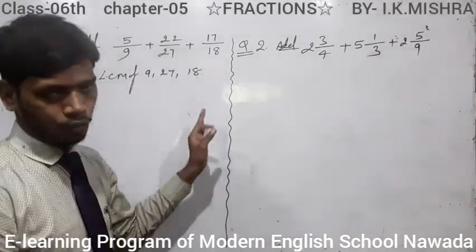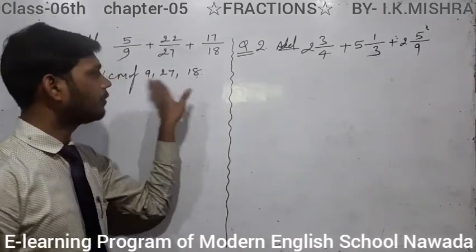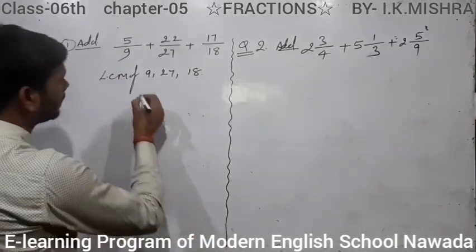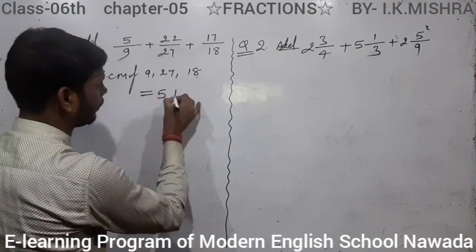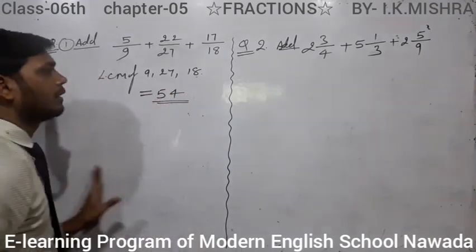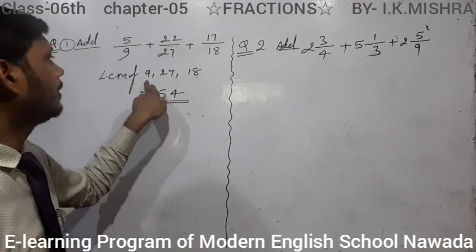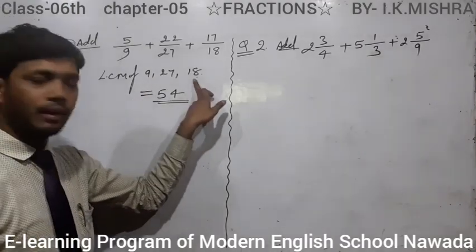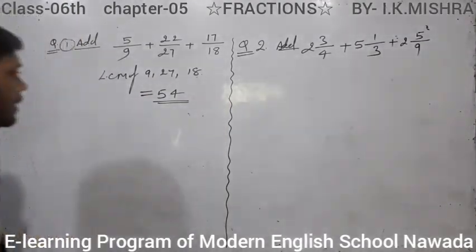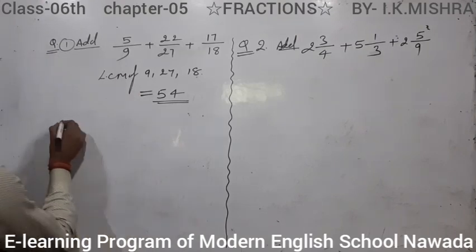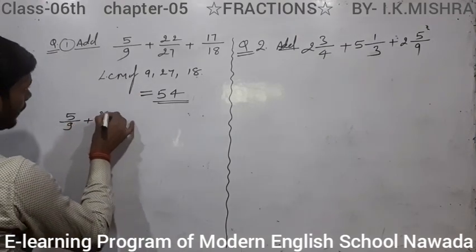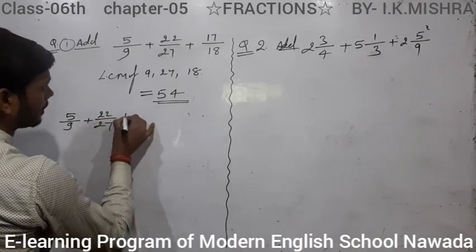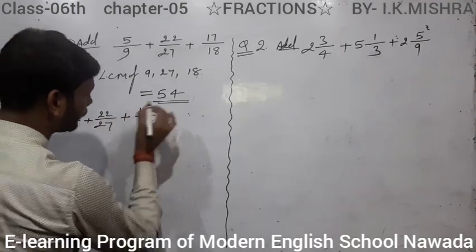Students, you may find the LCM of all of these. Here I directly write LCM is equal to 54. Students, this is the LCM of 9, 27 and 18. Here students, first of all write 5 by 9 plus 22 by 27 plus 17 by 18.